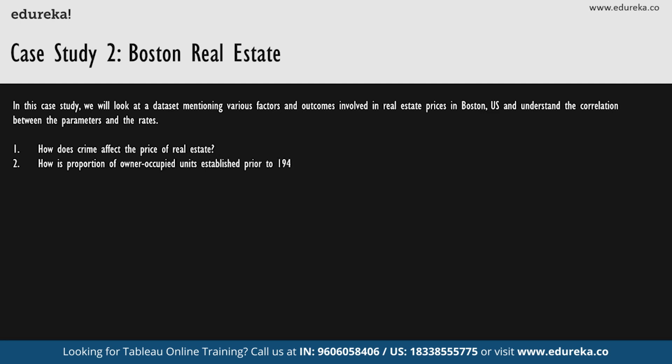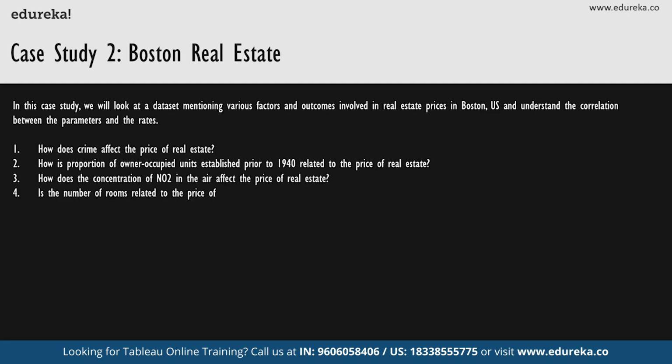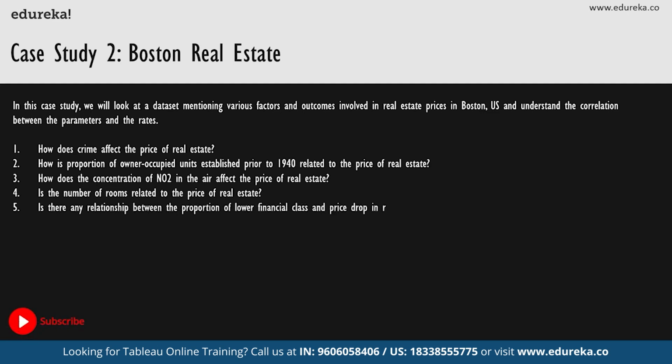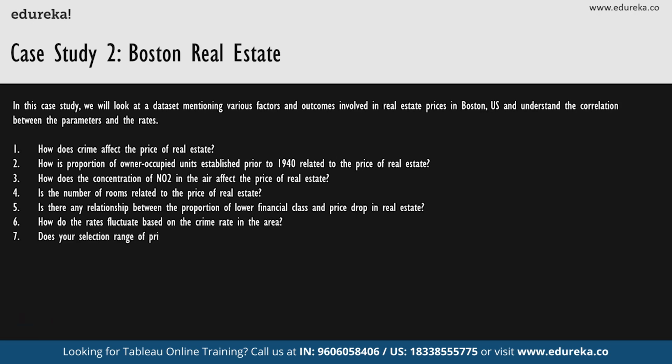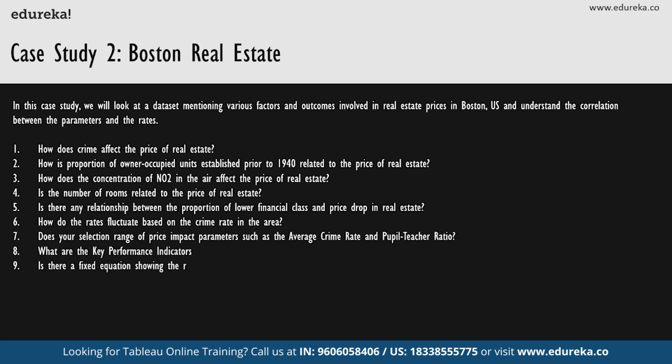Through this exercise, we will try to find out how crime affects the price of real estate, how the age of the building or the proportion of owner-occupied buildings affects the price of the estate, how the number of rooms is related with the price of the flat you take, and how these rates vary in time.